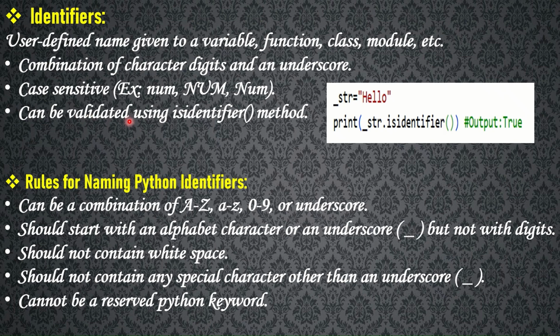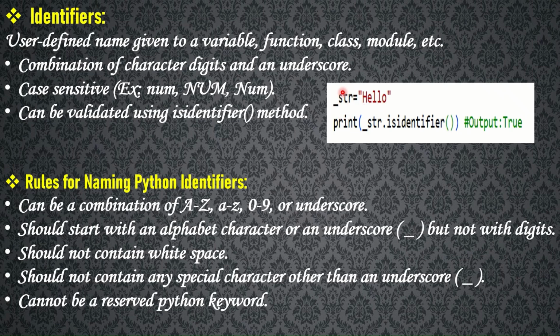And it can be validated using the isidentifier method in Python. To check whether the identifier or name that we are going to give to a variable, function, class, or module is valid or not, we can make use of this function. I have given one example here. I have declared one variable with the naming pattern starting with an underscore followed by str, and then given some value to it.